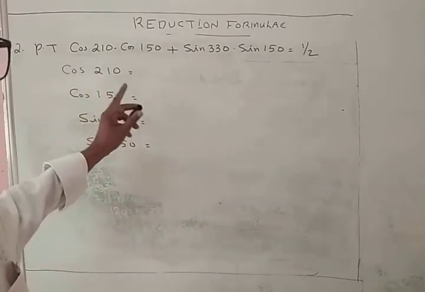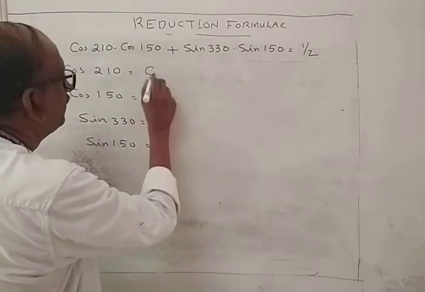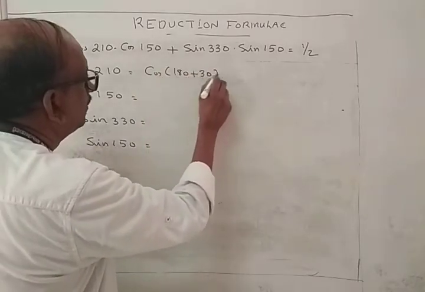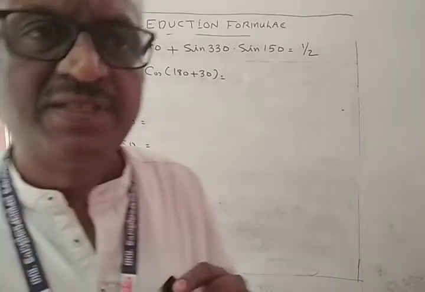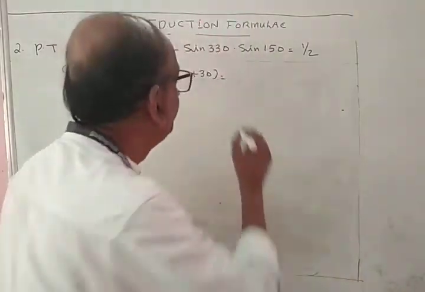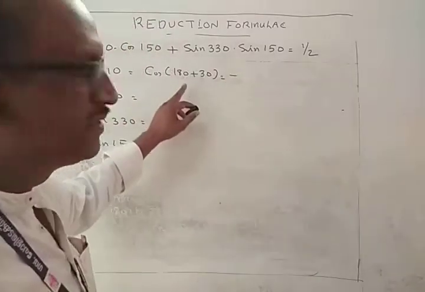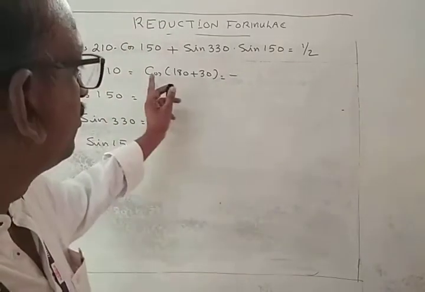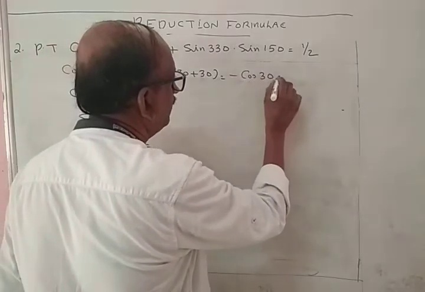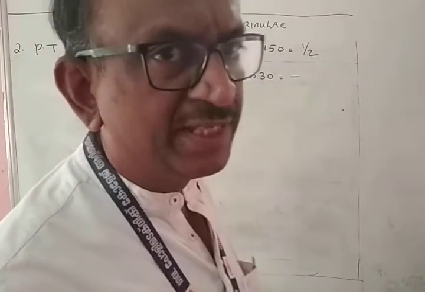Cos 210 is the same as 180 plus 30. 180 plus 30 is in the third quadrant. In the third quadrant, cosine is negative. Since this angle is 180, cos is the same as cos. Therefore, cos 30. Cos 30 is root 3 by 2.